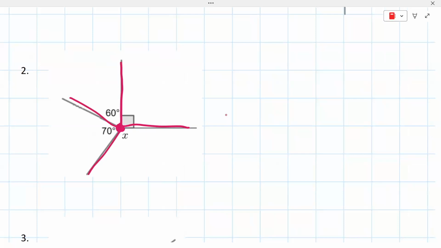So if we travel all the way around this vertex, we get a full circle, and that full circle is a total of 360 degrees. That's essentially what this reason rides on: if you add all angles around a central point, you're getting a circle, and a circle contains 360 degrees.